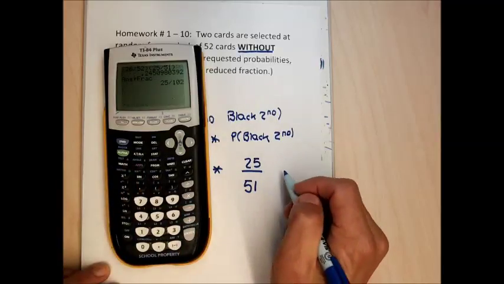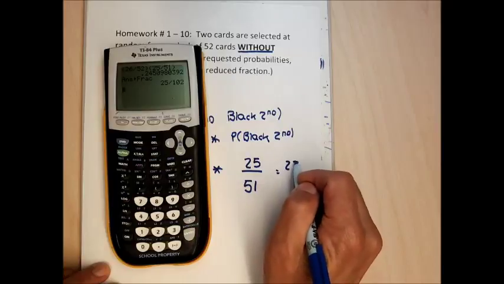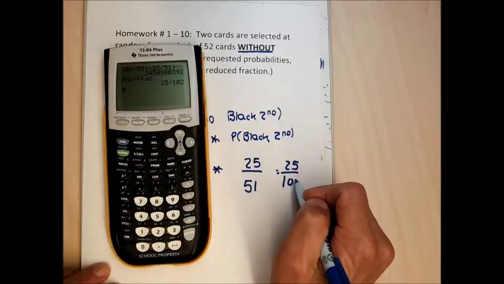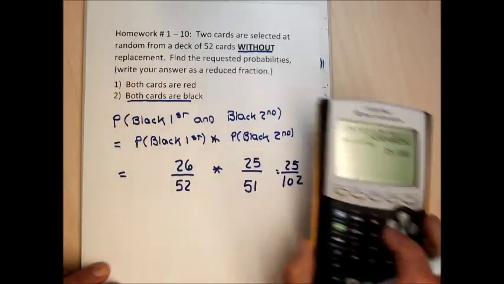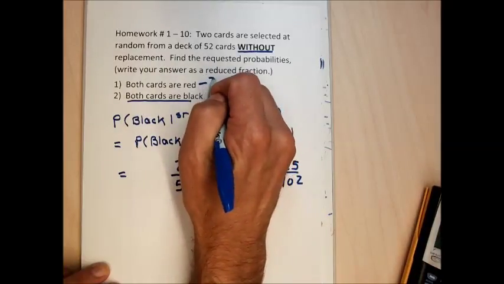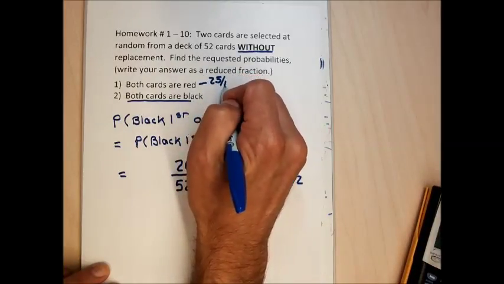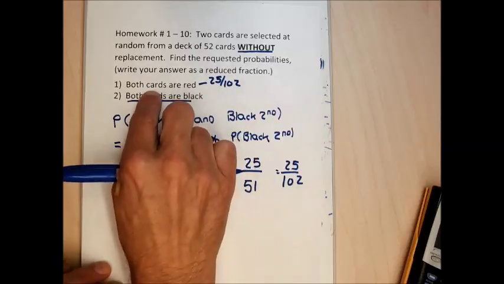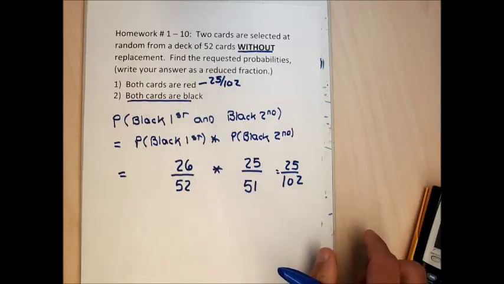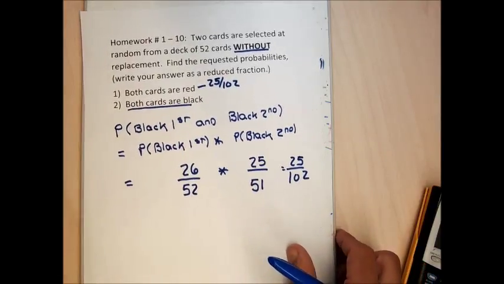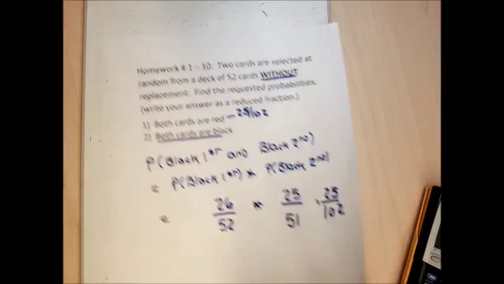And reduce the fraction. The answer to my question 2 is 25 over 102. Similarly, your problem 1 is also equal to 25 over 102 because the work should be exactly the same, since red cards aren't probability-wise different than black cards.